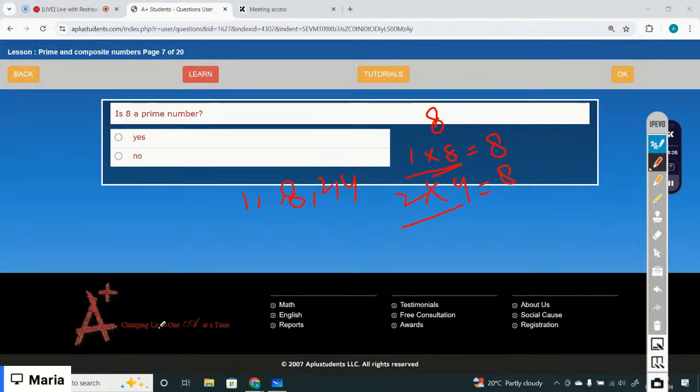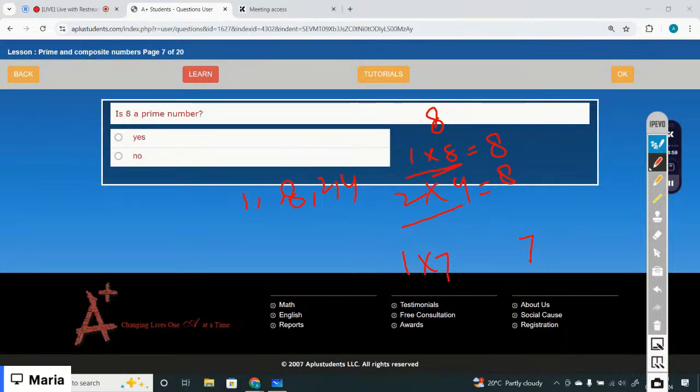A prime number is the one that has only two factors. For example, 7. You have 1 times 7 is 7. Do you have any other two numbers that when multiplied make 7? 7 doesn't have any other two factors, so 7 is a prime number.